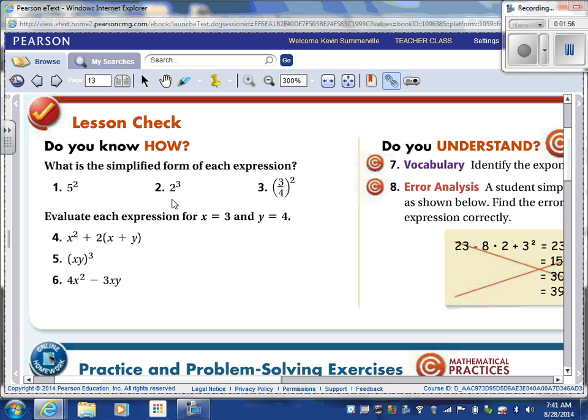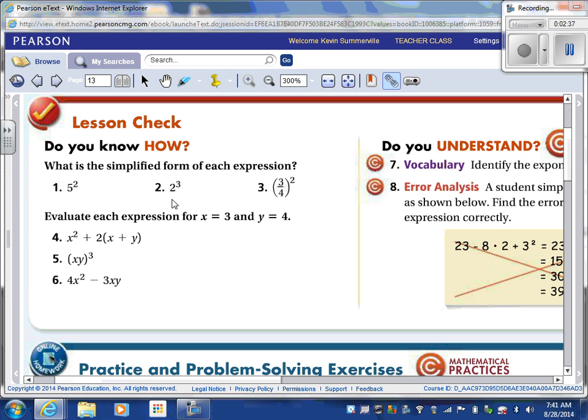What does 2 to the third power actually mean? Alex, can you tell me what 2 to the third power actually means? Okay, so is it the same thing as 2 times 3, or is it 2 times 2 times 2? Hold that thought. What does 2 to the third power mean? Excellent. So you're saying 2 to the third power is 2 times 2 times 2?